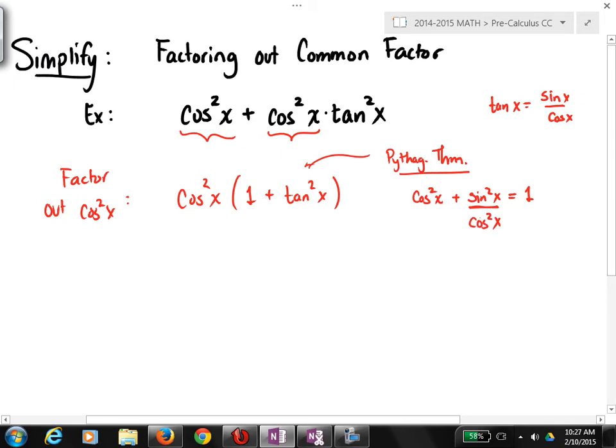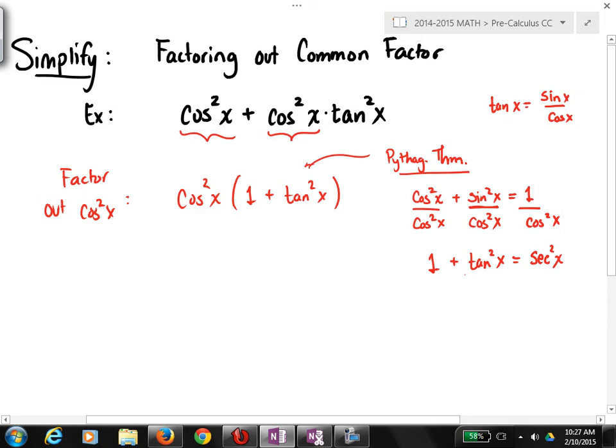But whatever I do to maintain equality to one of these terms, I have to do it to all of them. Cosine squared divided by cosine squared divides out to 1. Sine over cosine again was tangent, because I wanted to reproduce the trig identity that has tangent. And then 1 over cosine squared, again, you should have this already memorized, is secant squared of x.